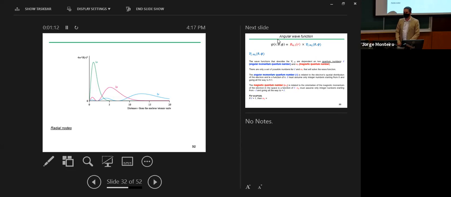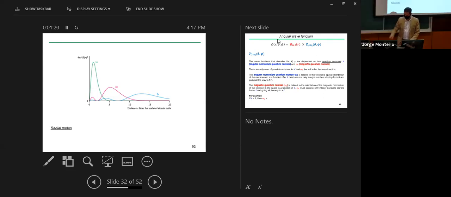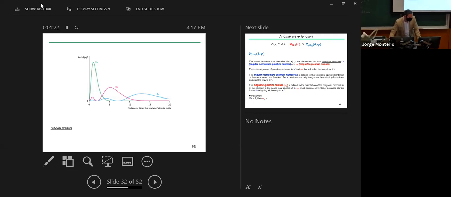I can see the slides, but it's in your form, so it shows your slide and the next slide.